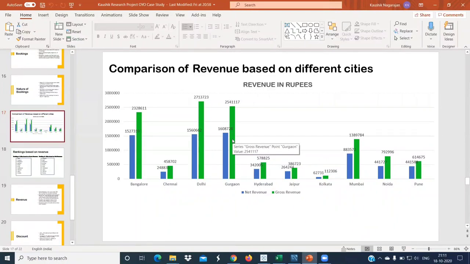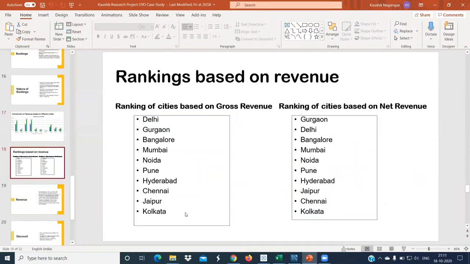That is Pune. Pune has a very small difference between the gross and the net revenue, and Delhi has the largest difference. So these are rankings of different cities presented on the basis of gross revenue and net revenue.